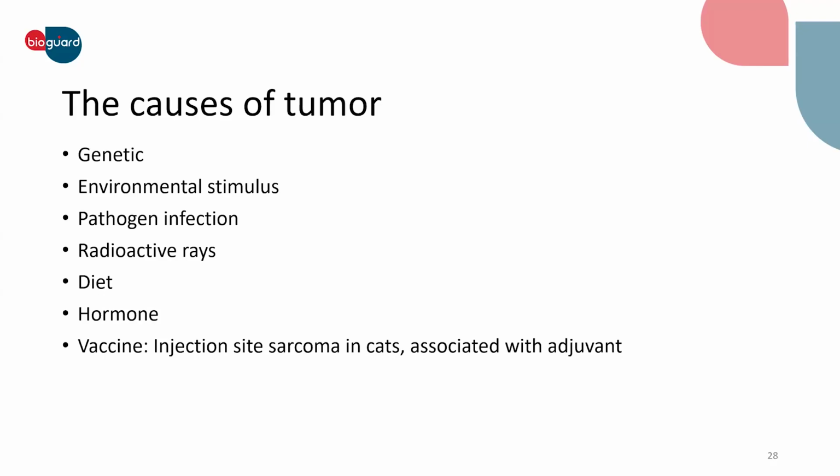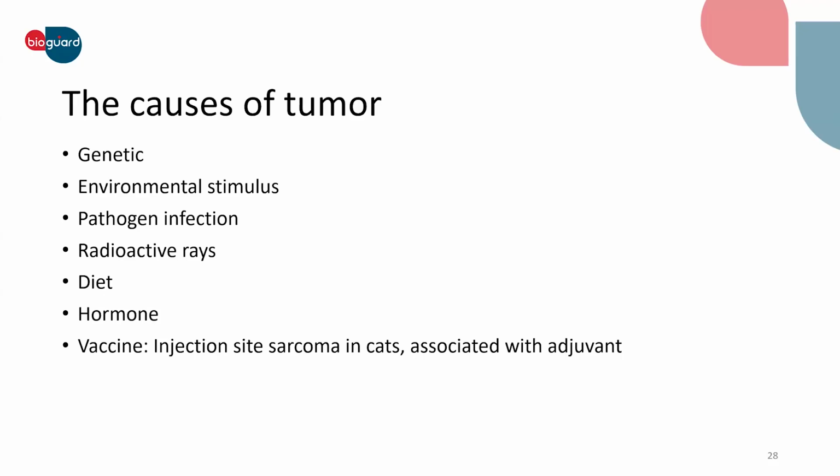Environmental factors like tobacco smoke, chemicals, and air pollution cause long-term DNA damage. Radiation can directly damage DNA. Pathogens also play a role, like papillomavirus, which is associated with squamous cell carcinoma. FeLV and FIV are associated with lymphoma.